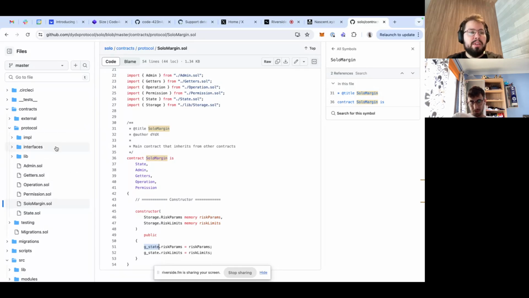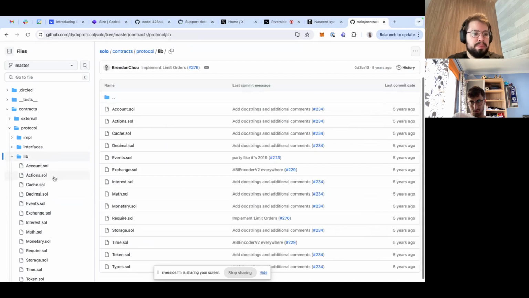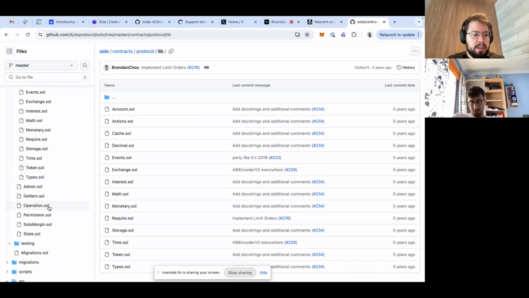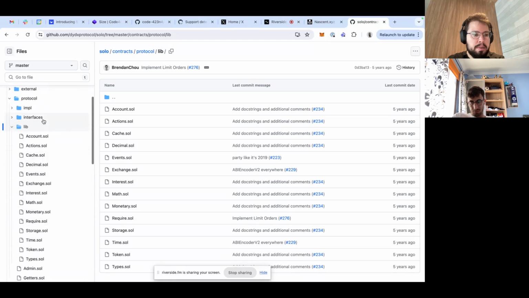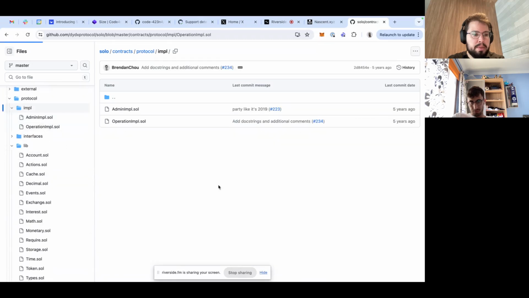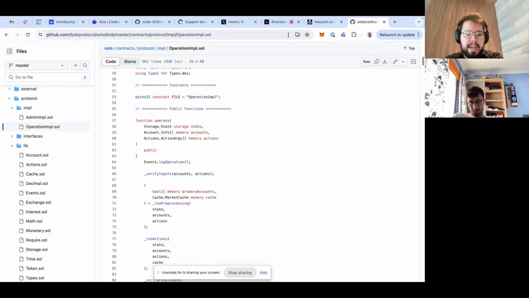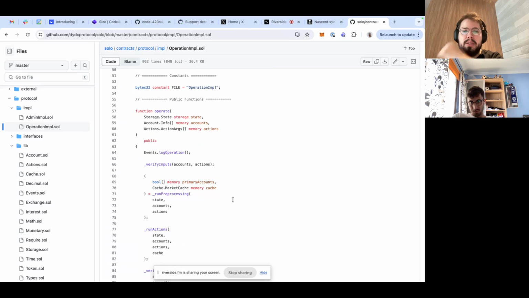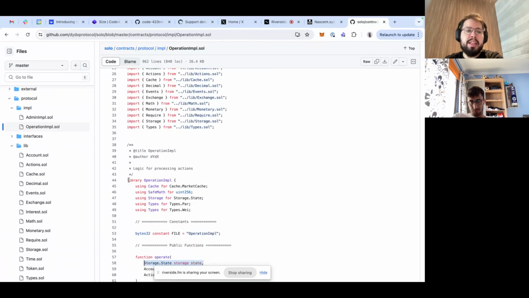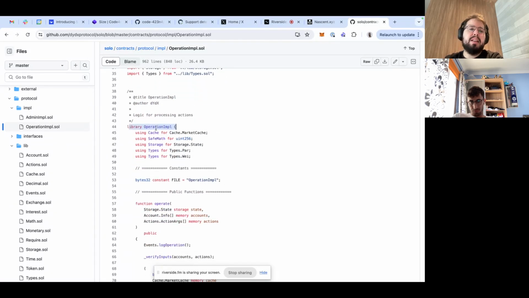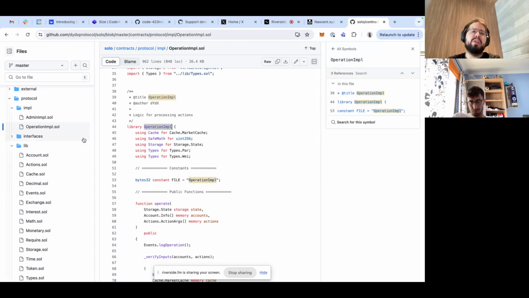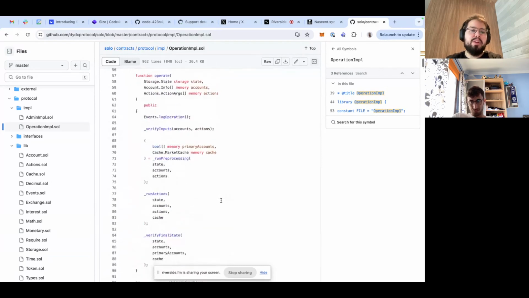Whenever you perform an action, they pass this storage state in the input parameter, and this is a library. Basically, this library is called via delegate call from the entry point contract. And yes, we are doing the same thing.